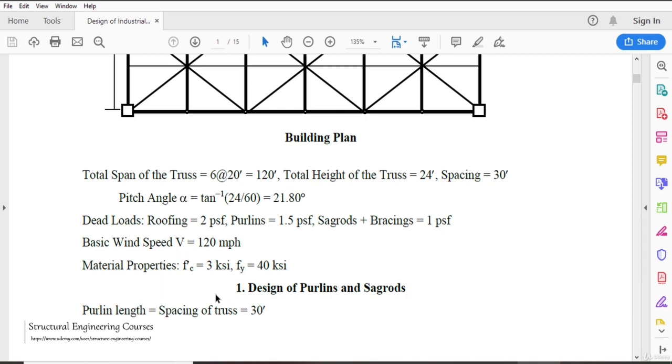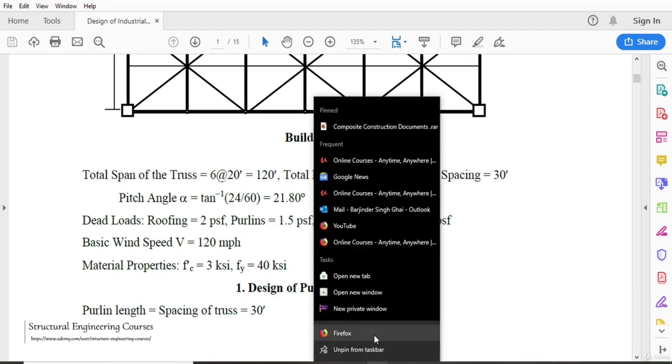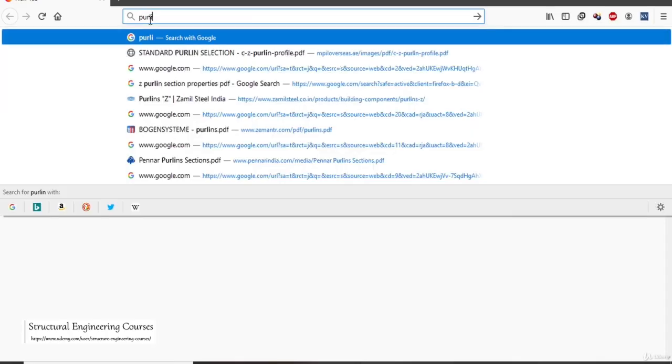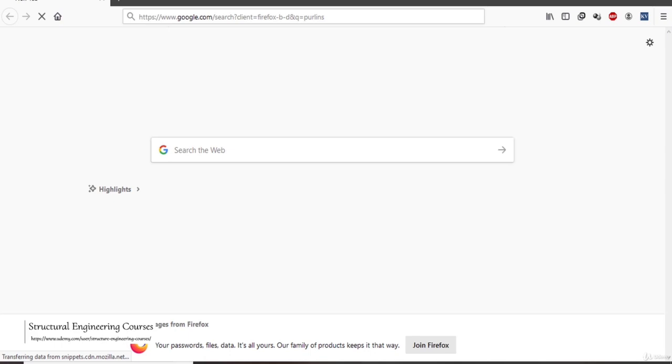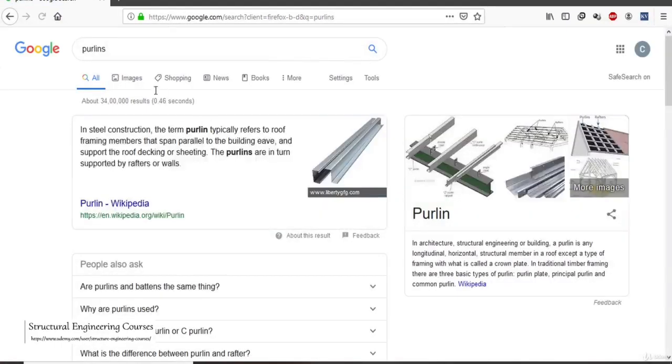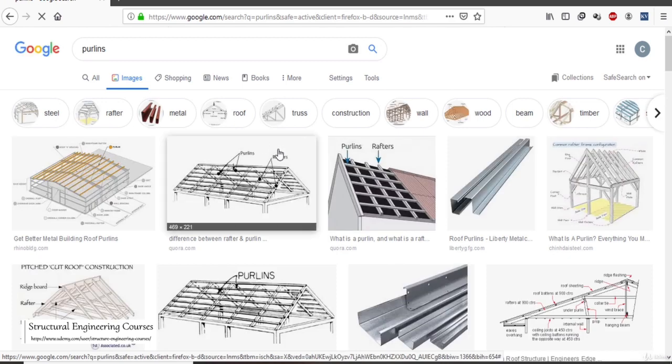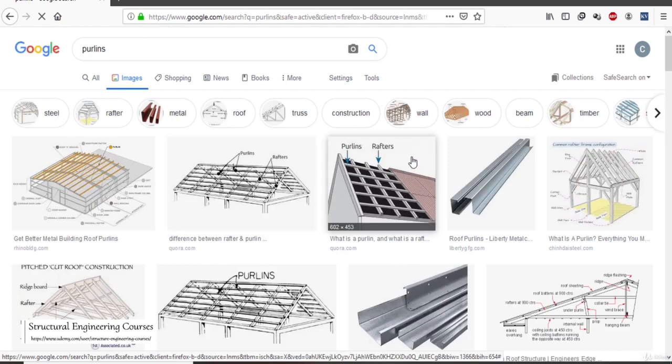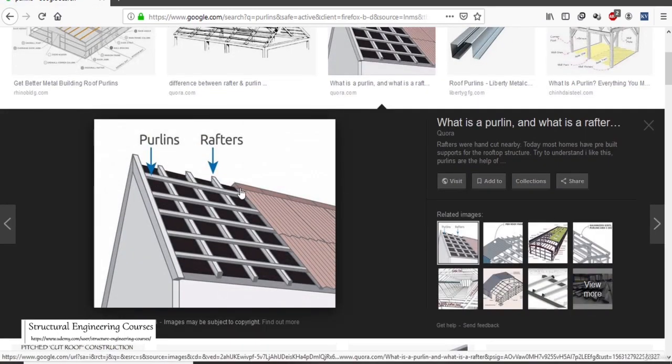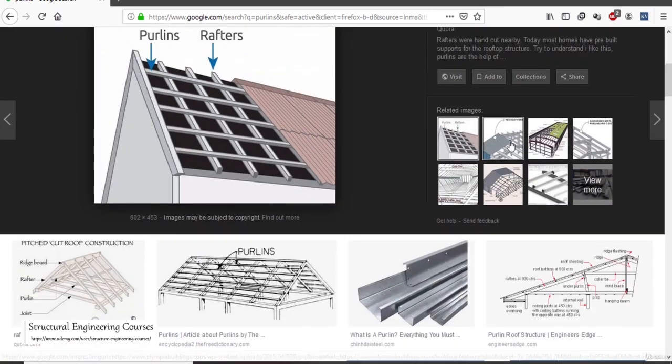And on that purlin, let us see the purlin in real life also. So here you can see that, and this is clearly showing all the arrangement here. So this is the purlin, and on the top of this purlin, the sheeting shall come. Or you can see this picture also.